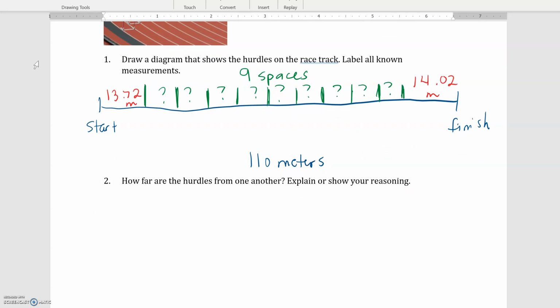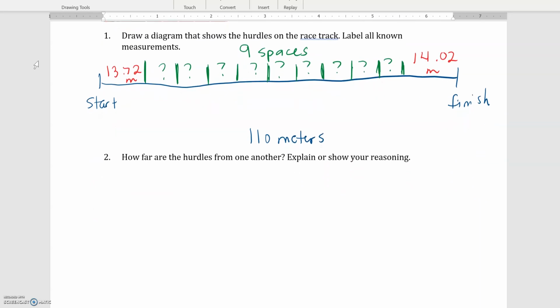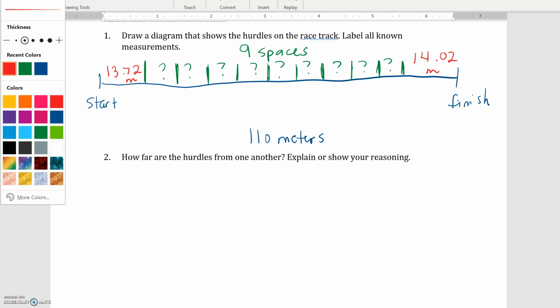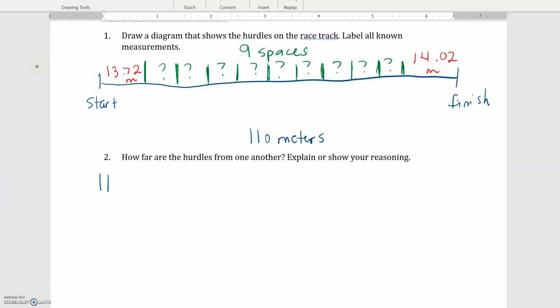So let's think about this here, and I'm going to do a math problem for you to help work out on your paper. So I know the whole track is 110 meters. And I know the two parts of the track values. And to find what's left over, I'm going to subtract those two things.